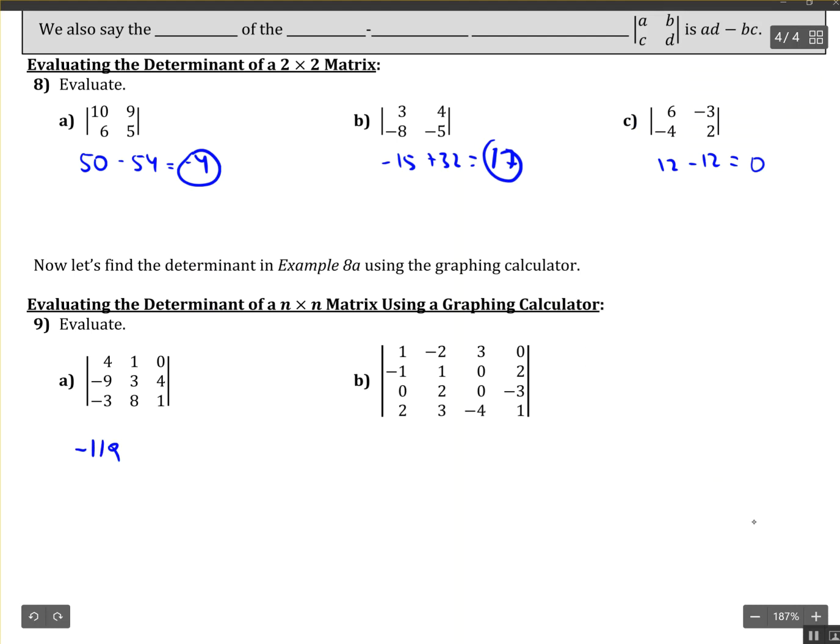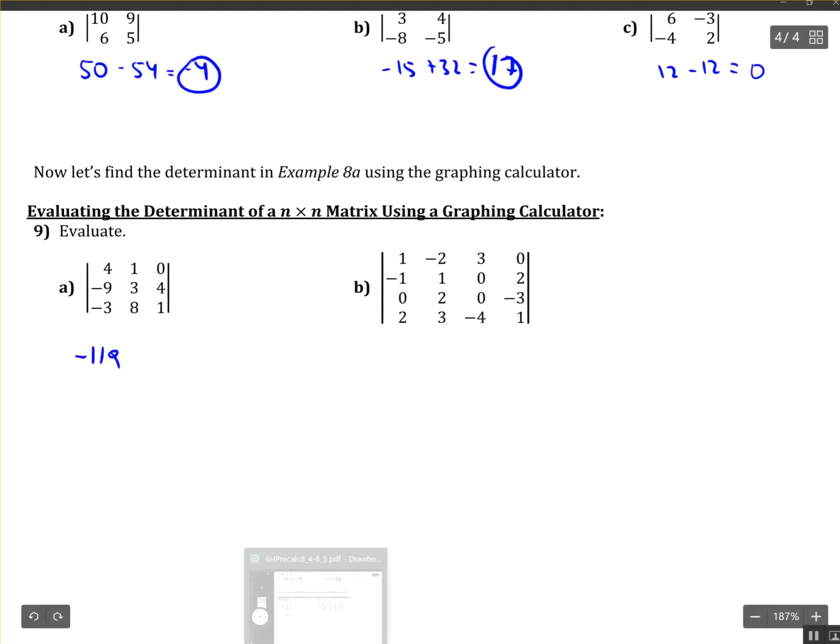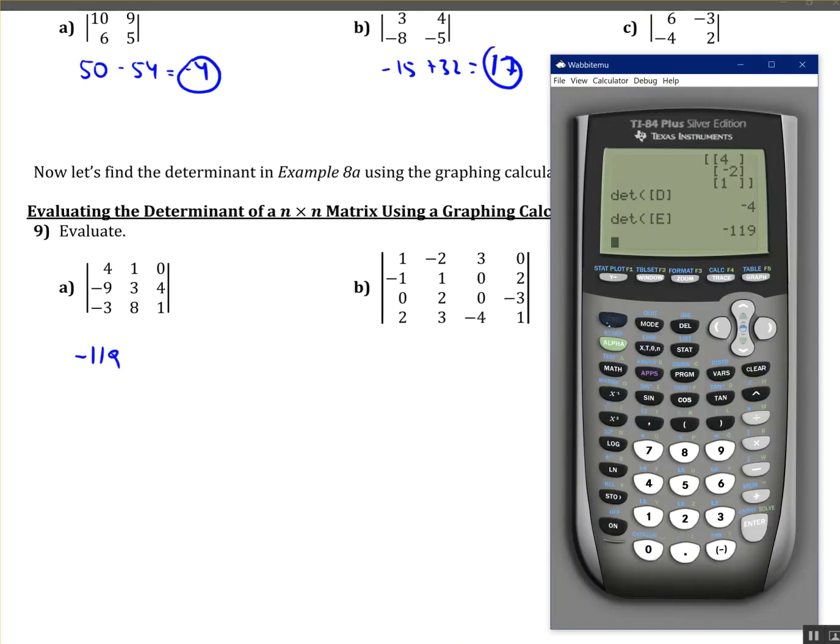And you can go even larger. Last one, I know it's tedious to watch me plug this in. Let's do 6F. This is a 4 by 4. 3 by 3s are not too bad to do by hand, but anything beyond that becomes a real pain. This would not be fun to do by hand.